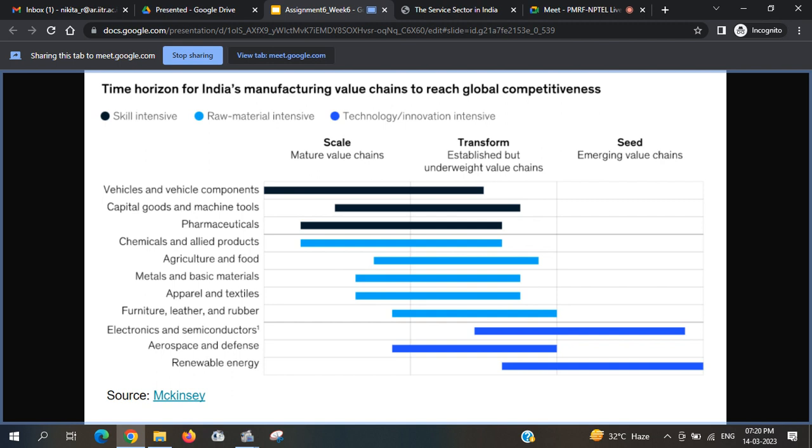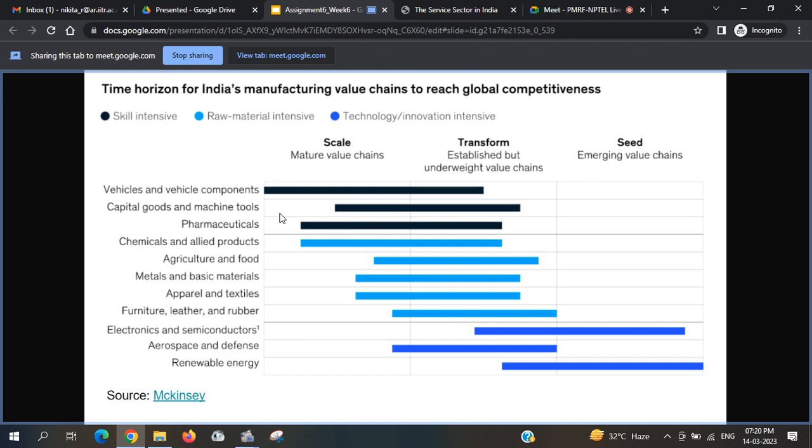So you can see here, this is taken from a report done by McKinsey, that this shows the time horizon for India's manufacturing value chains, which is asked in the question, and how much time these value chains will take to reach the level of global competitiveness.